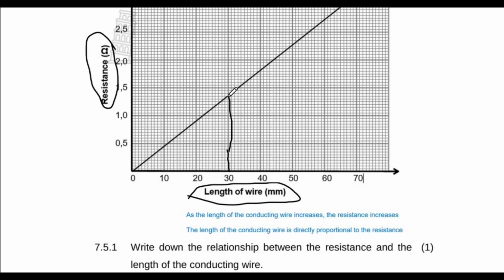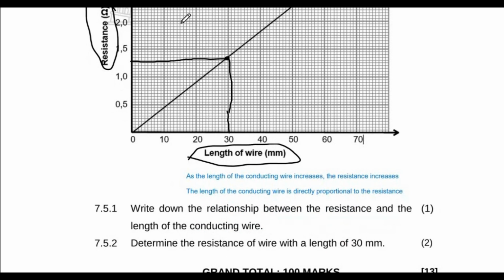But if you look, it's somewhere here, and then you check the corresponding resistance values between 1 and 1.5. When you're writing, you'll have a ruler. So just check. That value is going to be around 1.35 ohm, right? And you'll get your 2 marks.